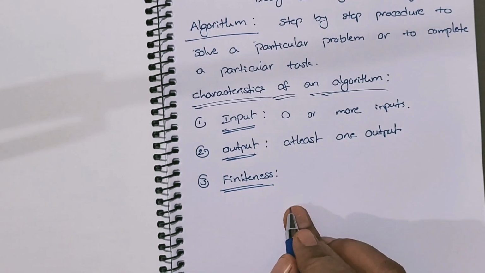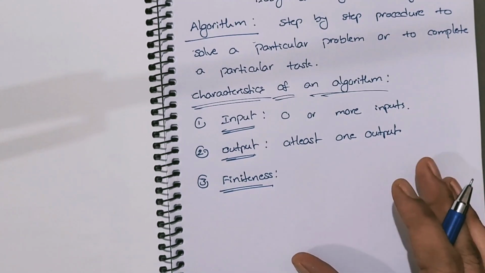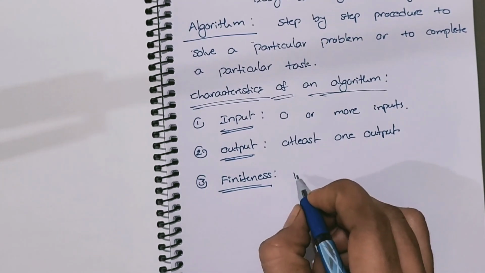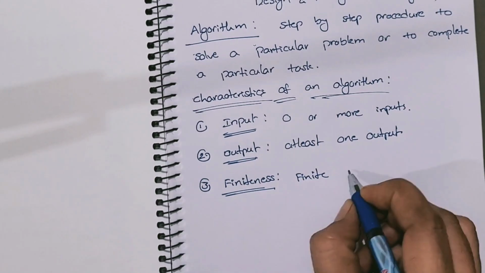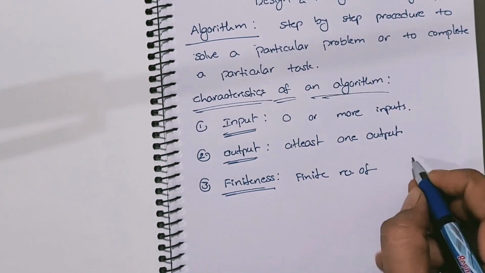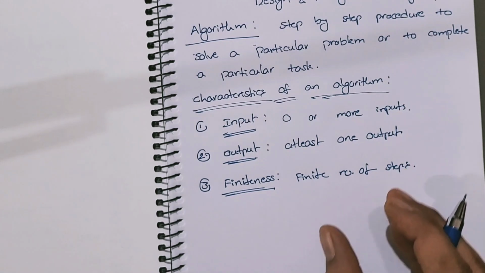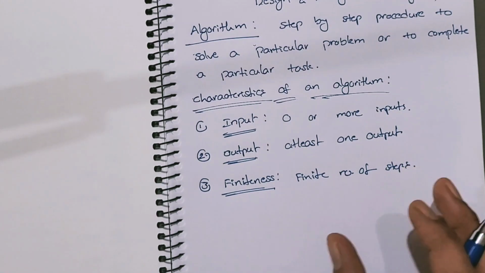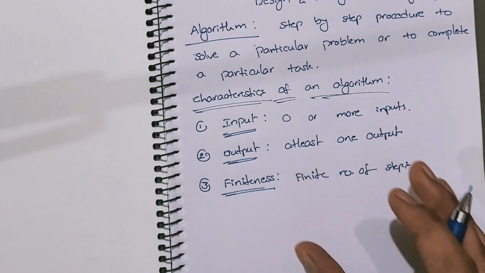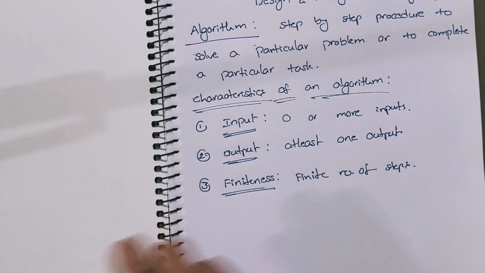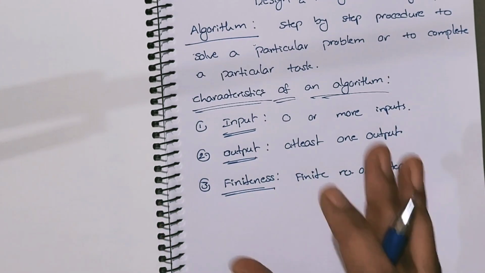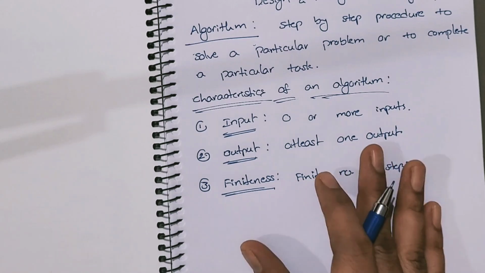Finiteness means your algorithm should contain a finite number of steps, a countable number of steps. If you are writing an algorithm, there are no infinite steps. Your algorithm should contain a countable number of steps.